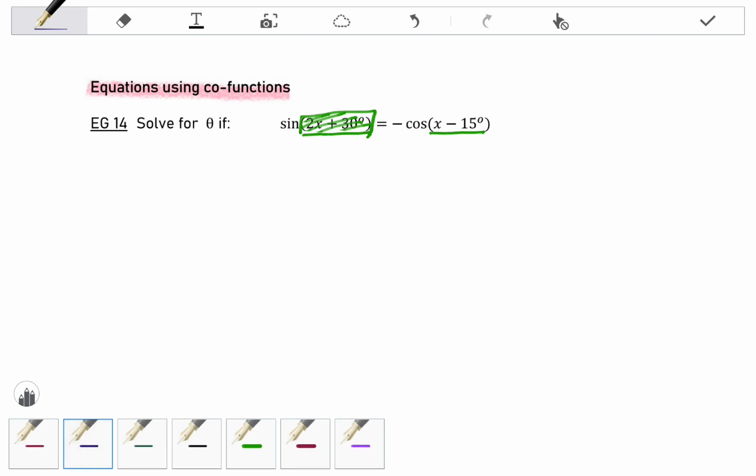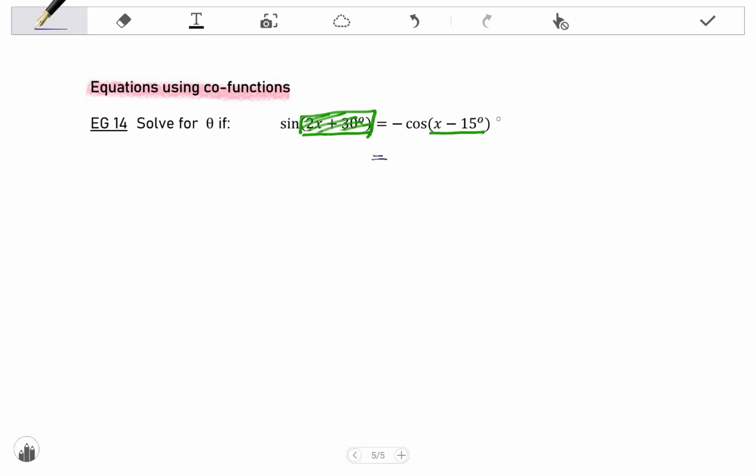Now we want to reduce this to its co-function. So I keep the negative there. Now the co-function of cos will be sine of the complementary angle. If this was negative cos A, it would reduce to negative sine.